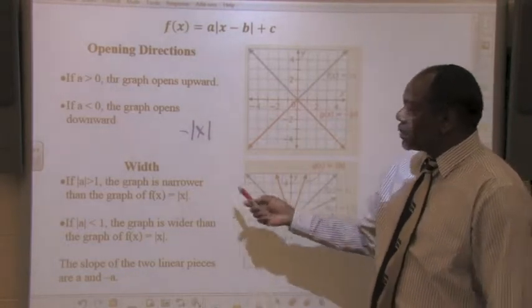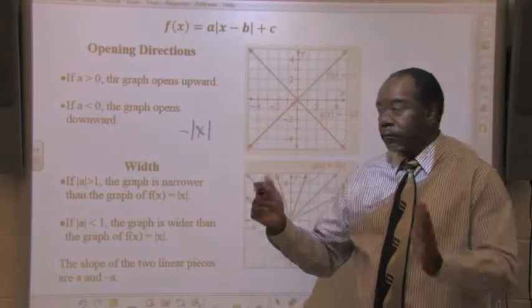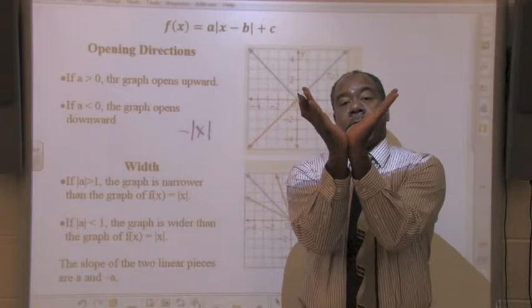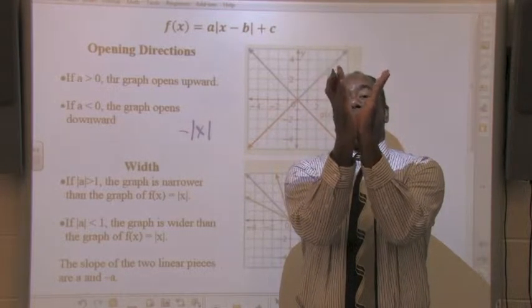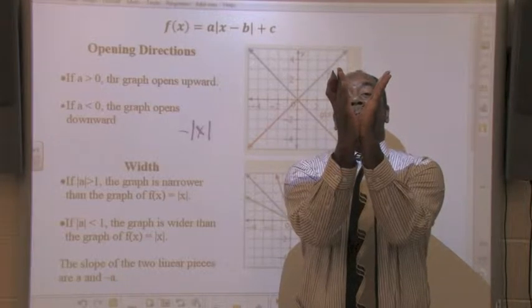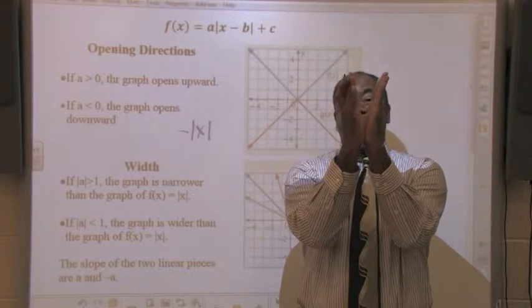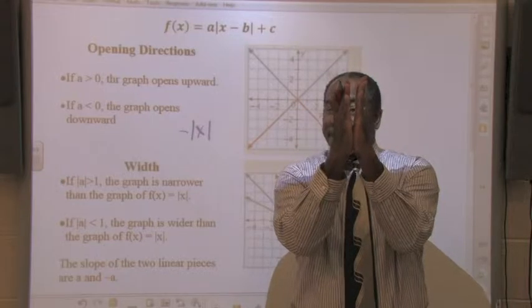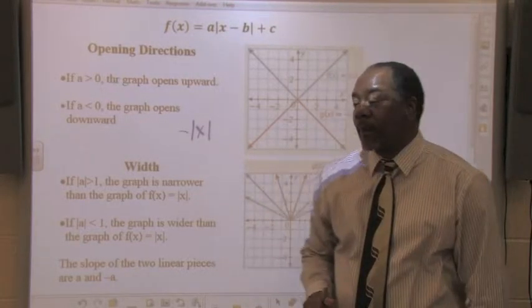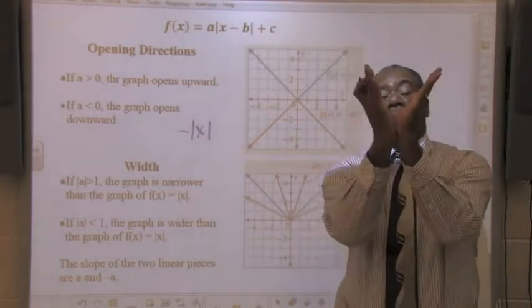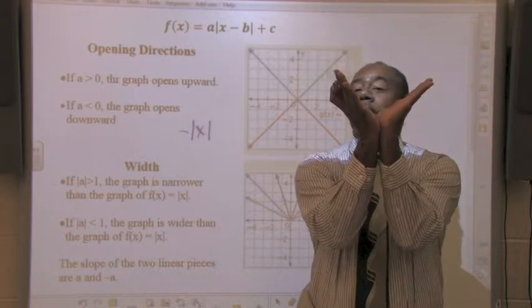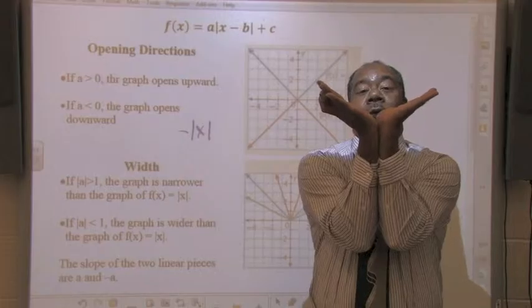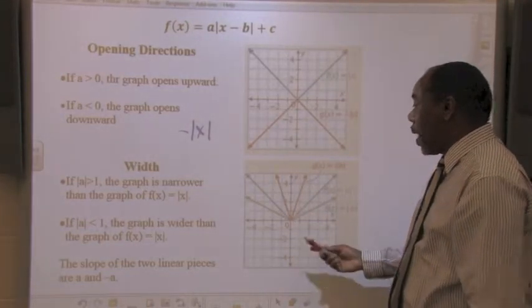So if it's a whole number, say 2, it will make it narrower. If it's 3, even more narrower. If it's a higher number, it gets skinnier and skinnier. If it's a fraction, it takes the standard one and makes it wider. And if I go a half, I go a fourth, it's even more wide.